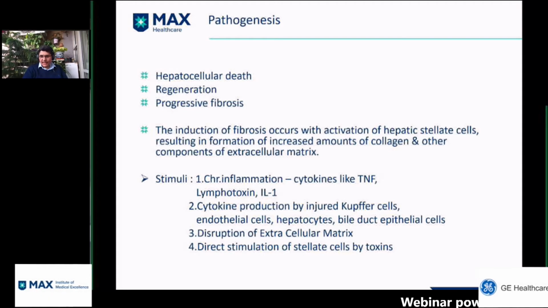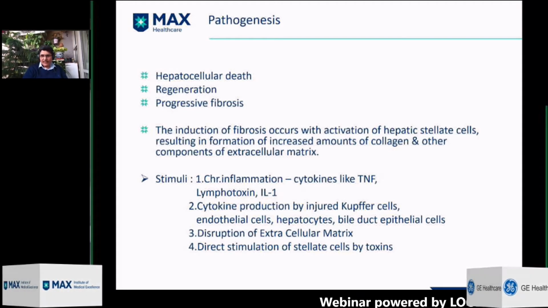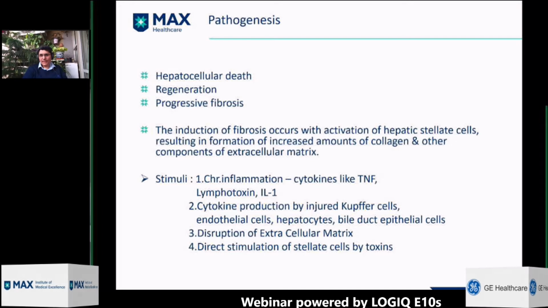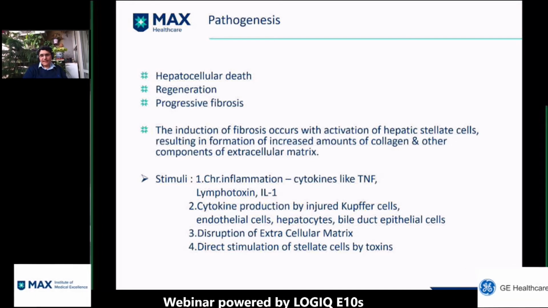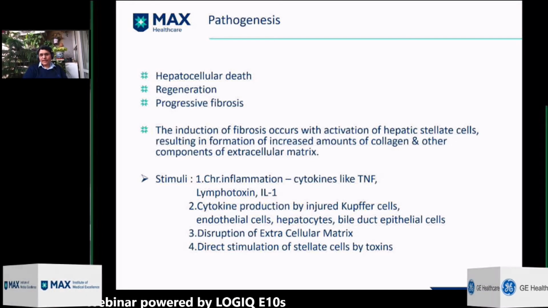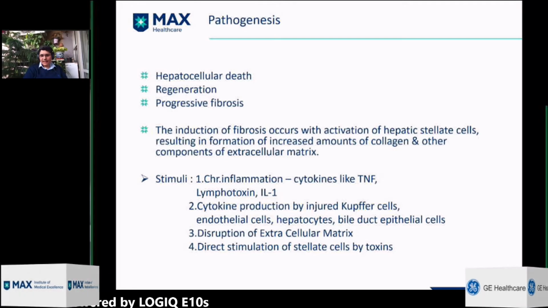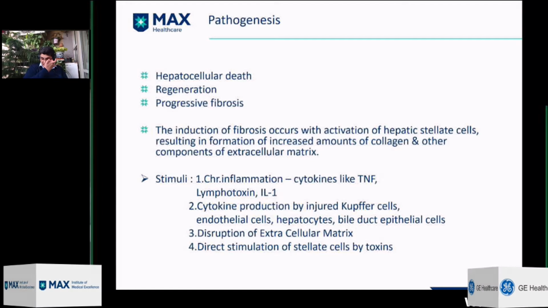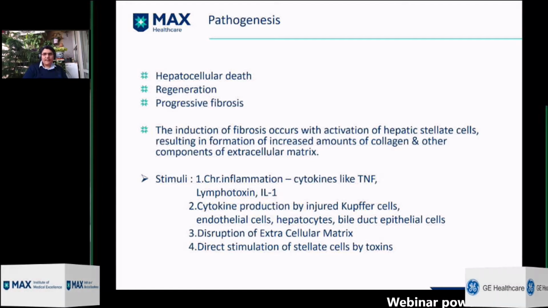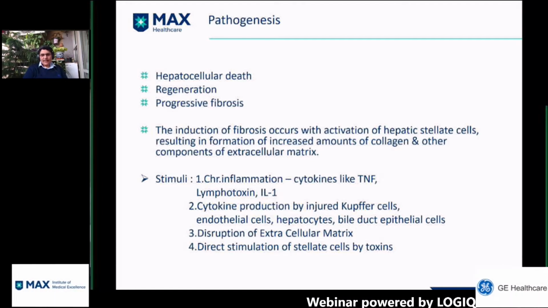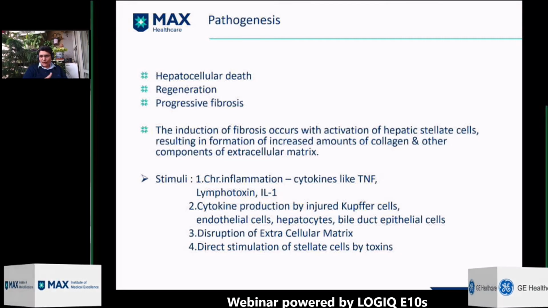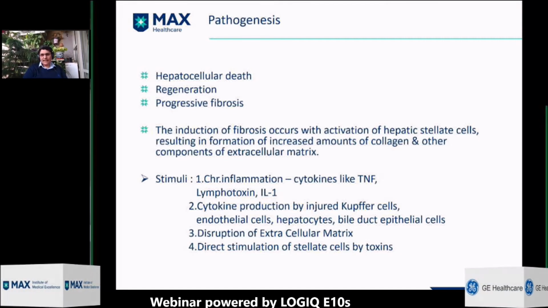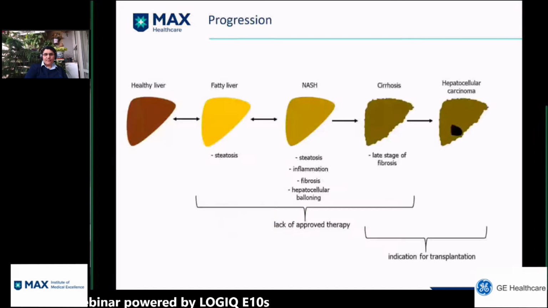And if the injury keeps on occurring and the regeneration cannot keep up with the injury, it ends up leading to fibrosis. A lot of chronic inflammatory mediators are implicated here: TNF, lymphotoxins, interleukin 1. Hepatic stellate cells play a big part in leading to fibrosis. And a lot of toxins can directly affect the hepatic stellate cells and then trigger fibrosis.